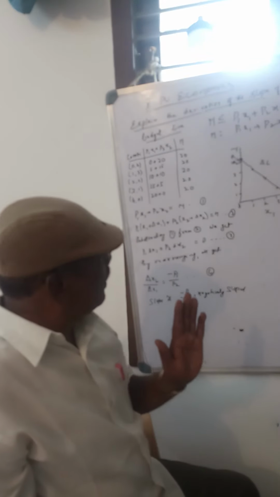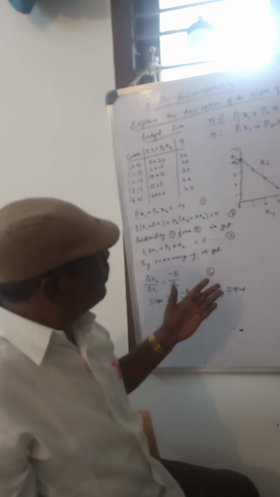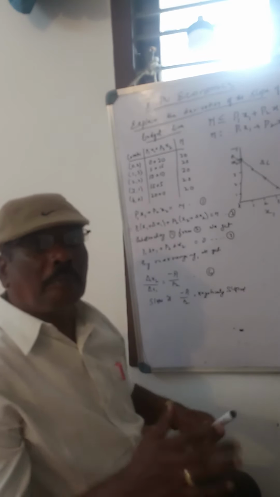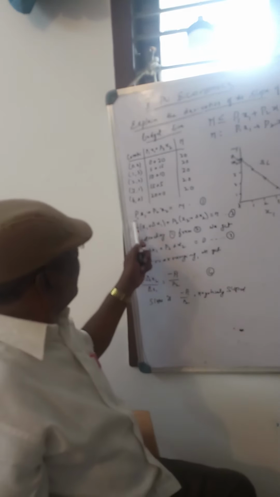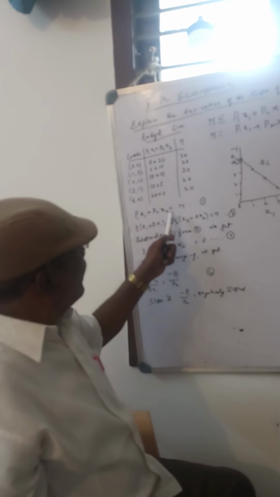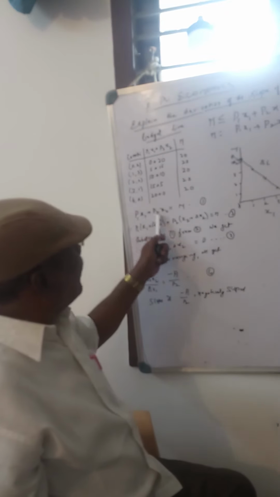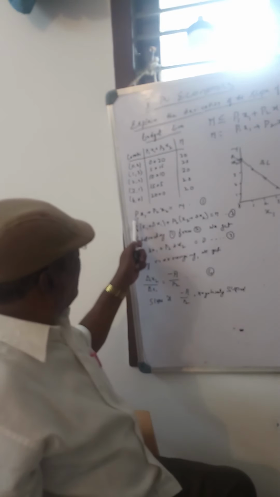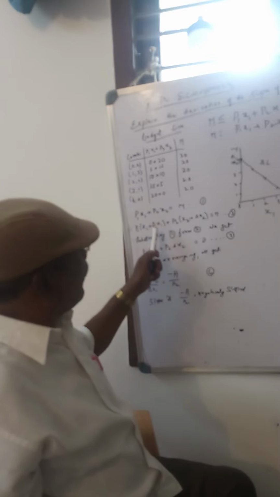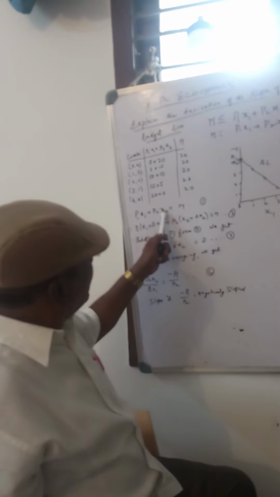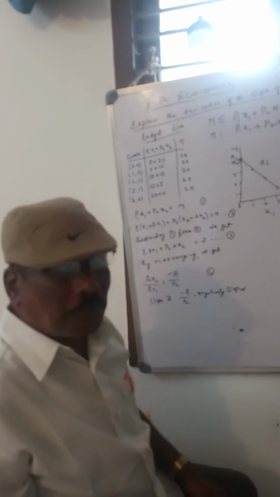That's the thing. Now let's come to know how to derive the budget line. See, the formula of the budget line is this: P1 X1 plus P2 X2 is equal to M, wherein the price of X1 is P1, X1 is the quantity of X1, the price of X2 is P2 and the quantity of X2 is X2.